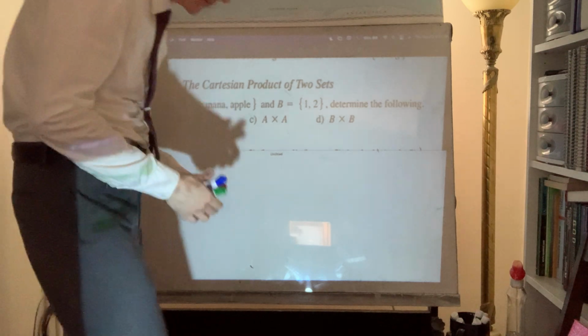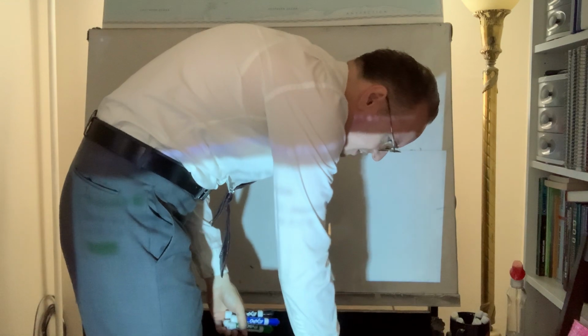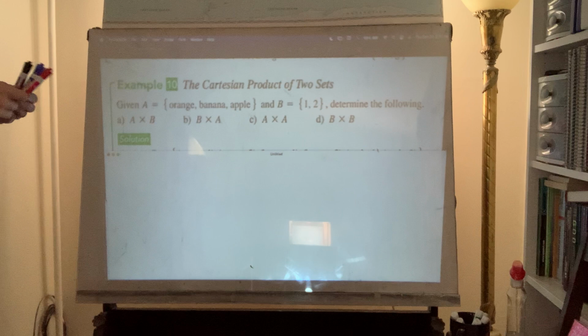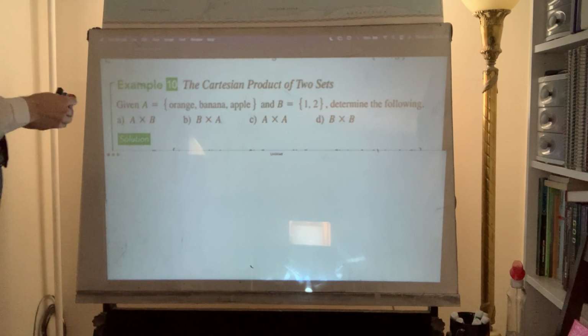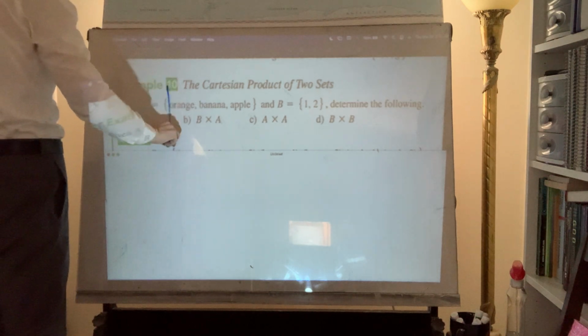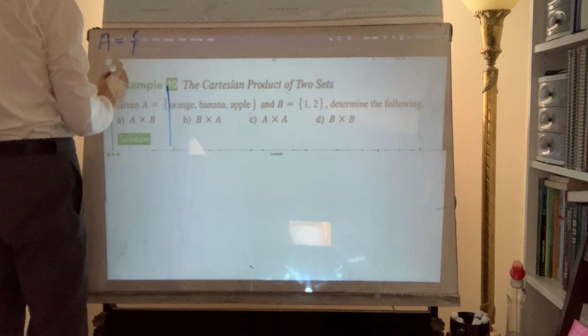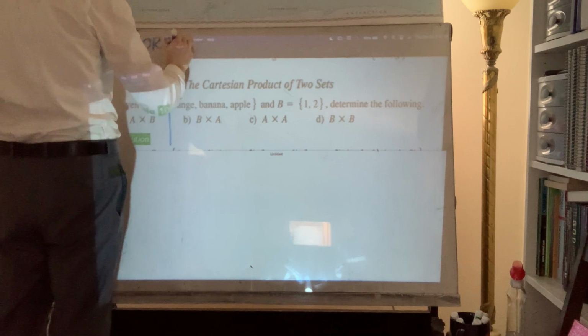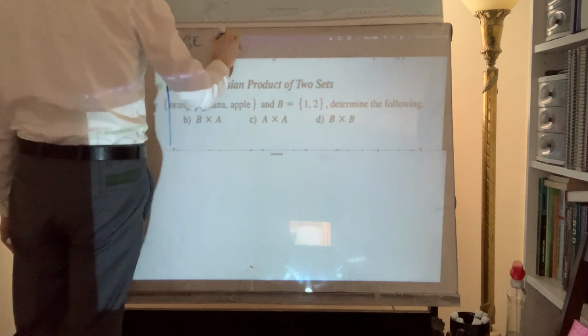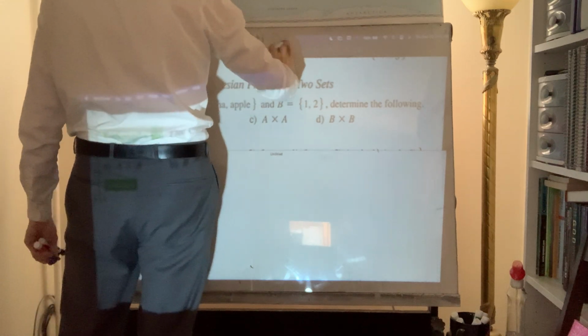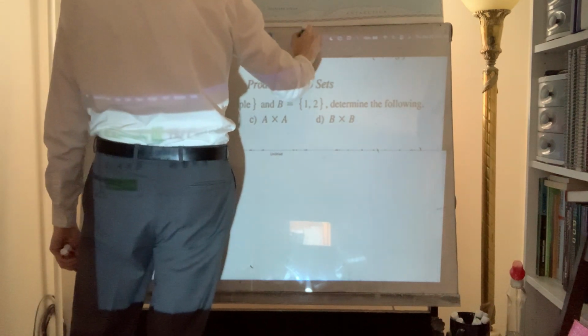Right, let's try. All right, let's start by writing these things adjacent to each other. So, in the case of A, it's orange, banana, distant, and apple.